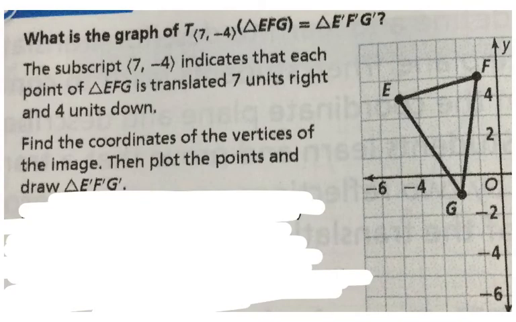Draw EFG. You see they've already got it drawn for me here. We're going to have to put it on our paper as well. We're going to draw EFG, and then we want to graph a translation, right 7, down 4 of triangle EFG.